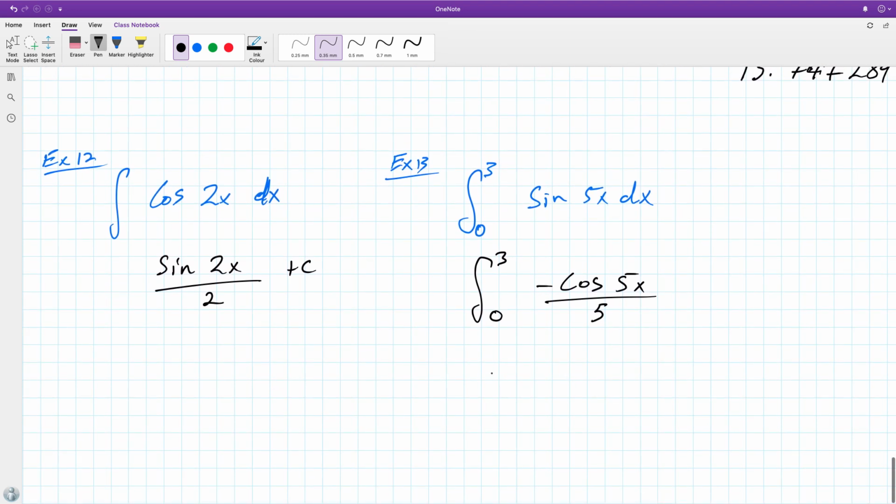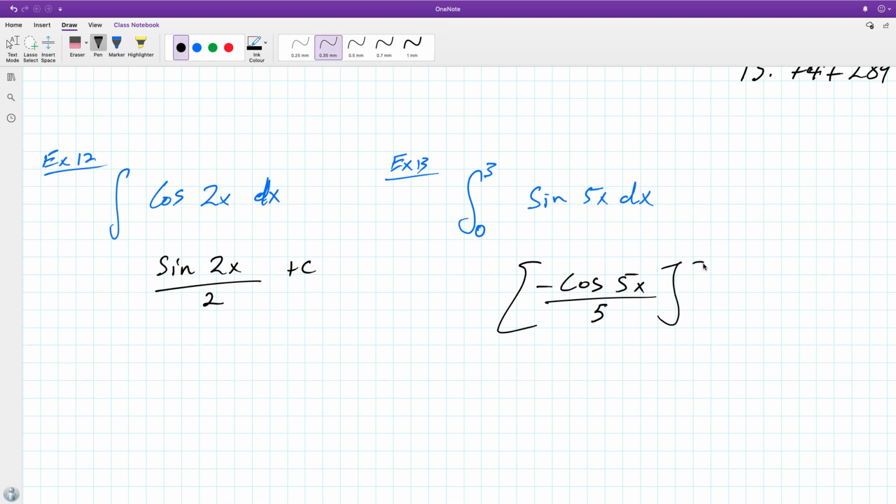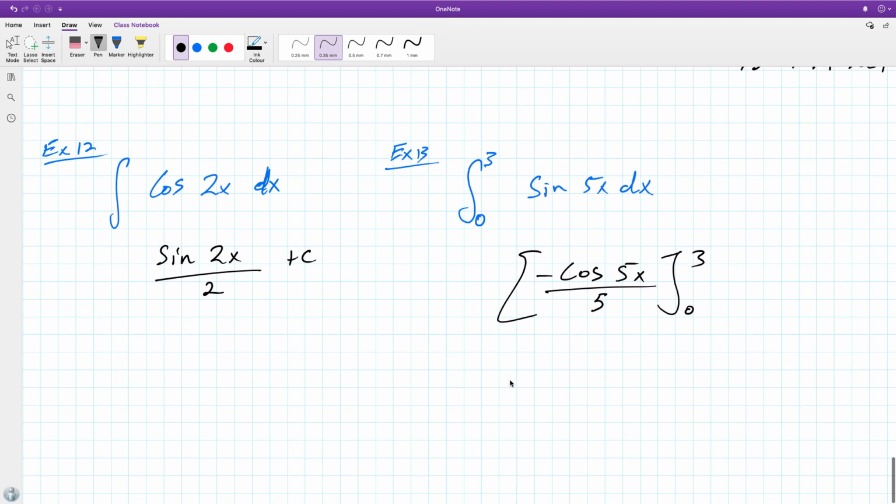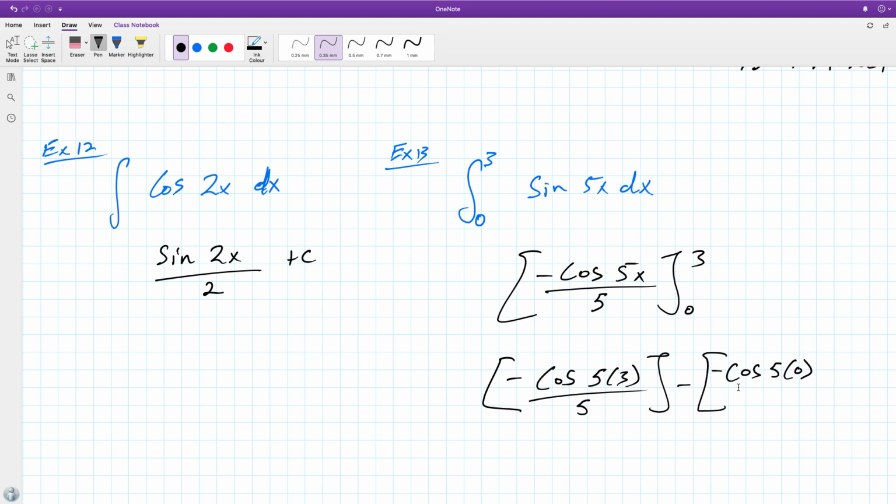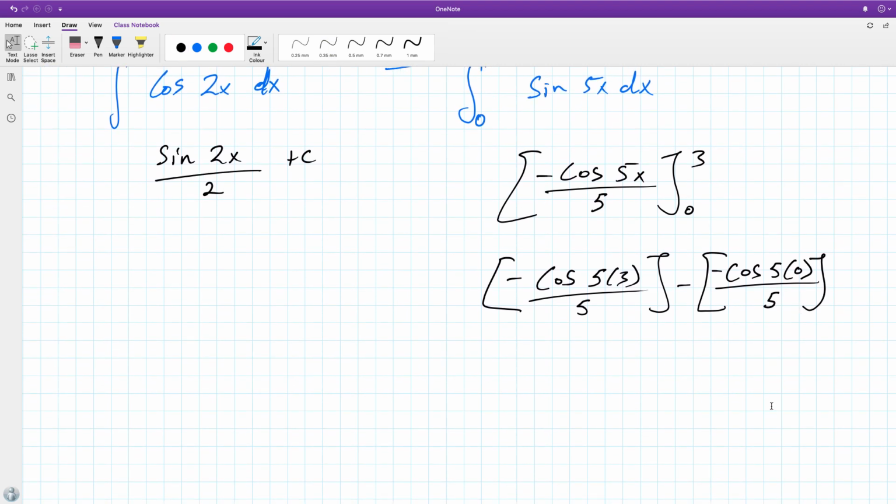So that should be integrated already. That's minus the cos of 5 times 3 over 5, minus the cos of 5 times 0 over 5. Enter it into our calculator.